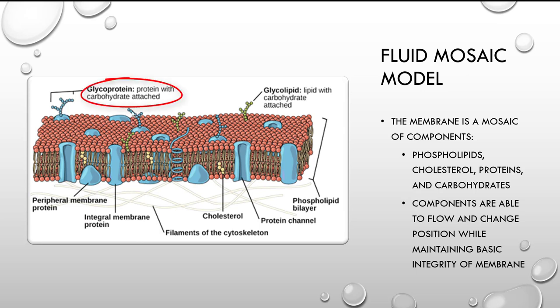The carbohydrates are attached to the surface. So those are various components that make up the cell membrane. That's the mosaic part. It's just not one component, it's a variety of components.